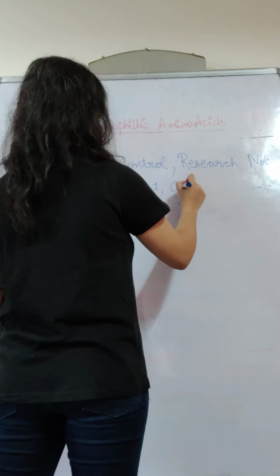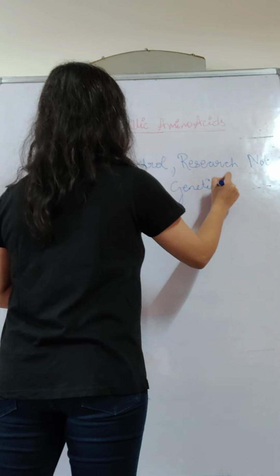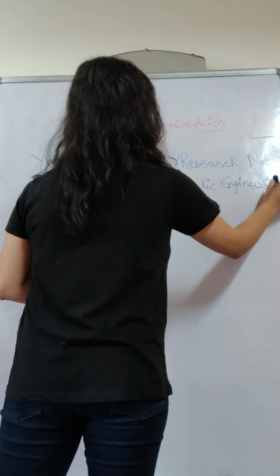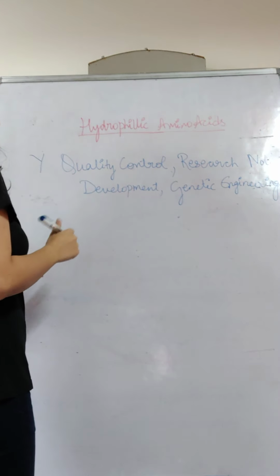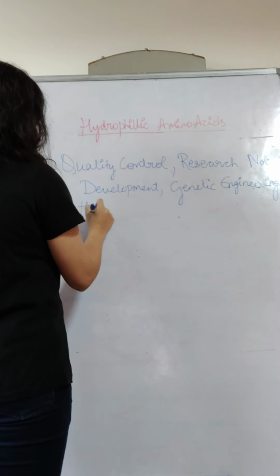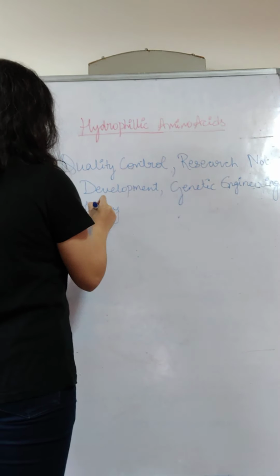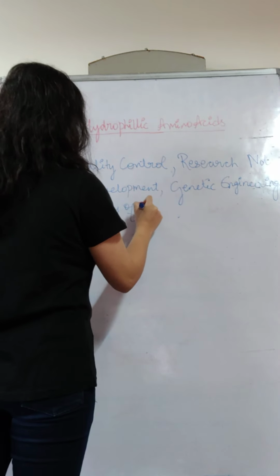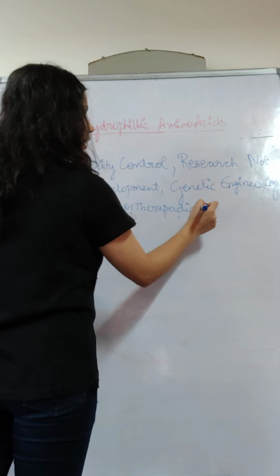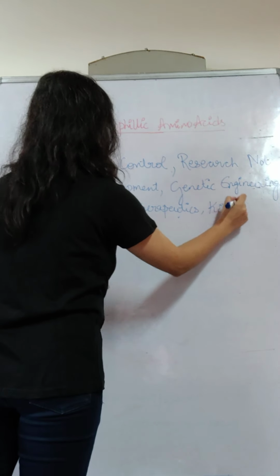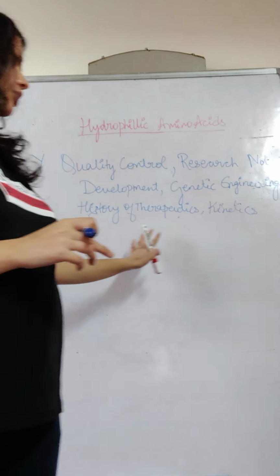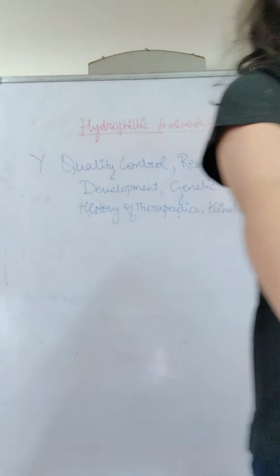Then we have another subject in life sciences called genetic engineering. Then we have another subject called history of therapeutics. That also we study. And the last, kinetics we study for the growth curve, right? For the metabolism of bacterial cultures and other things, we need to study kinetics.